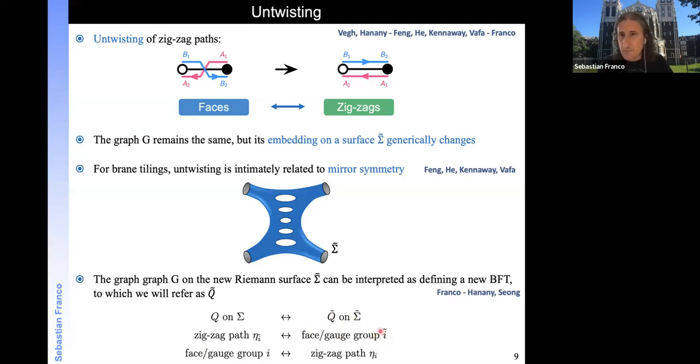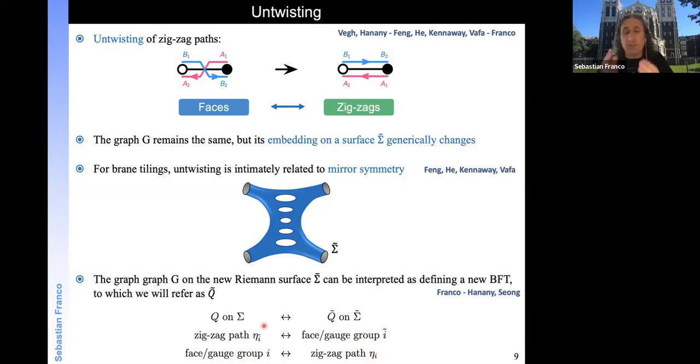Or if you started from this side, a phase I tilde is going to become a zigzag path eta tilde. And a phase or gauge group here, I, is going to become a zigzag path I. So you see, I use the same index for the zigzag paths on one side and the faces on the other one.